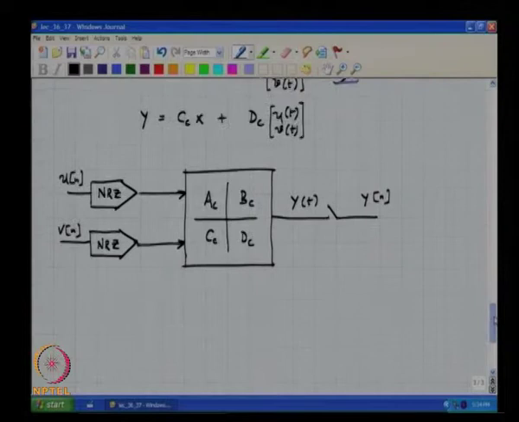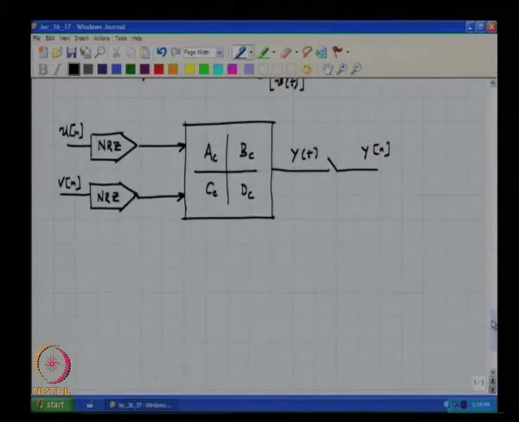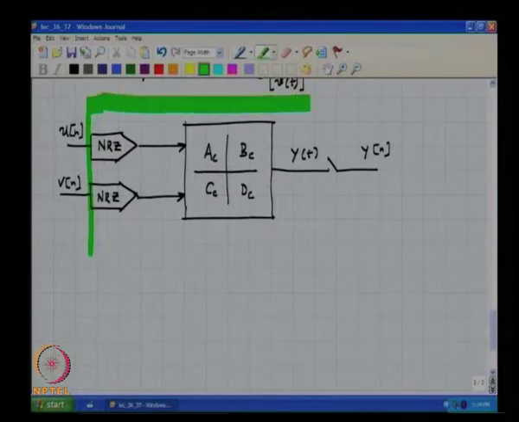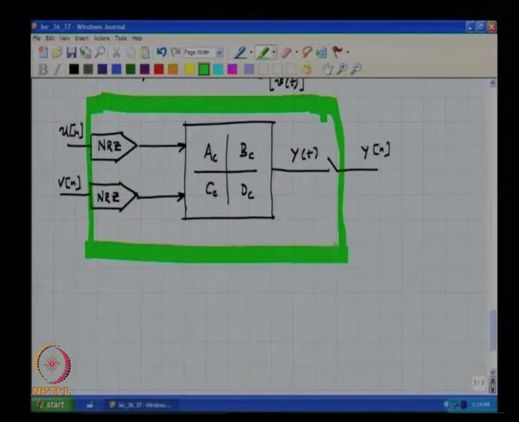Now, let us try and see what the output. I mean, please note that as far as this system is concerned, the one drawn in the green box, this is still a discrete time system, right. So, the inputs are discrete time sequences, the output is a discrete time sequence.